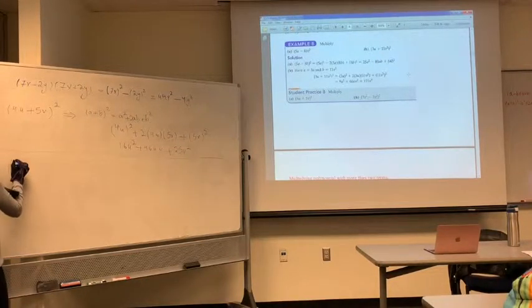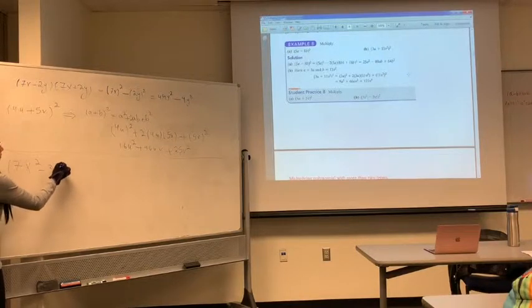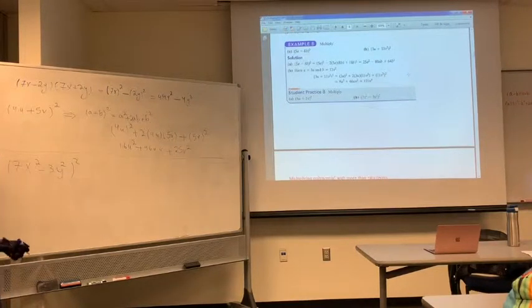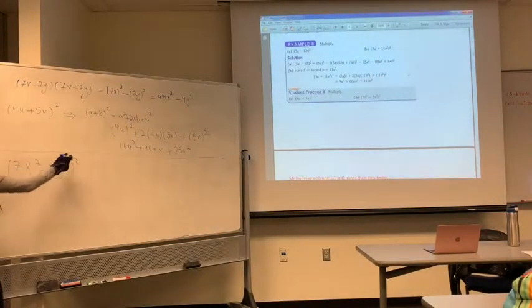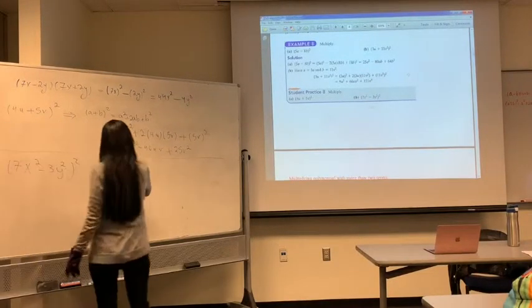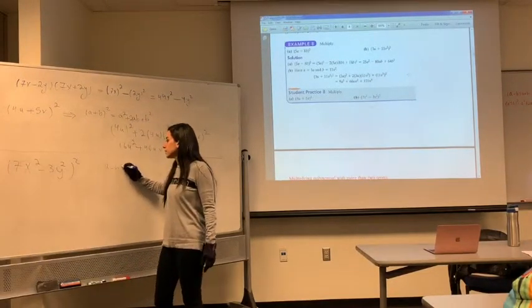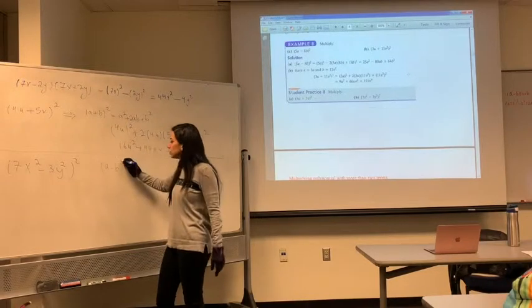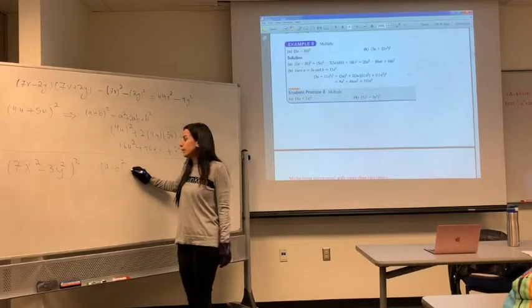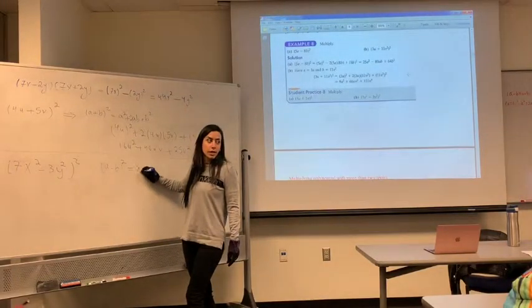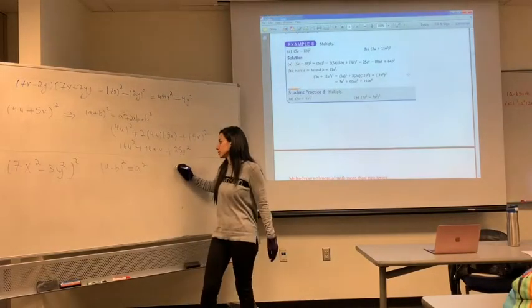So now we have a binomial with a negative sign between the two terms, and the whole binomial power 2. I'm going to use this: a minus b power 2, first term minus the second term, power 2, equals a squared plus b squared.